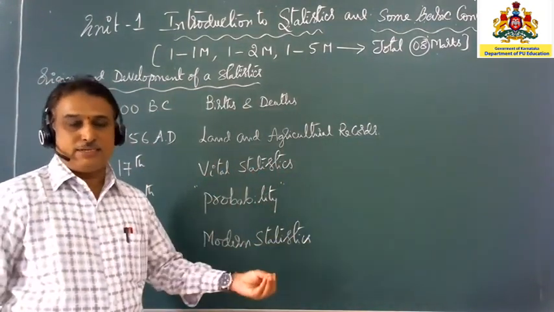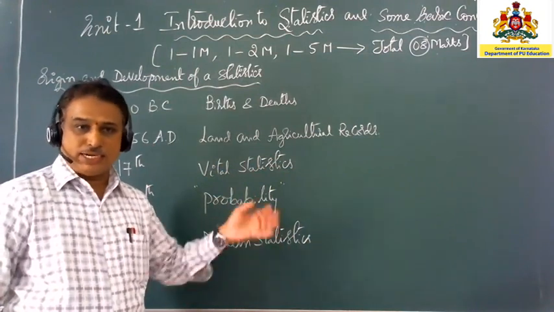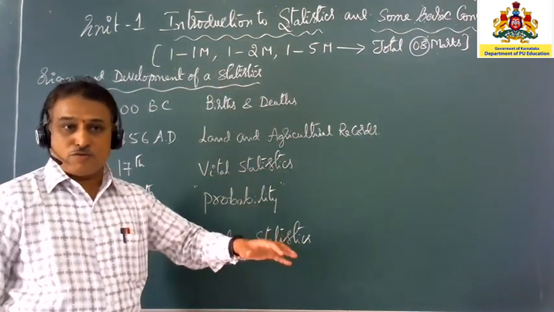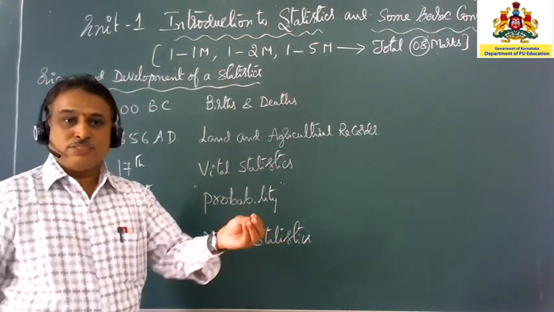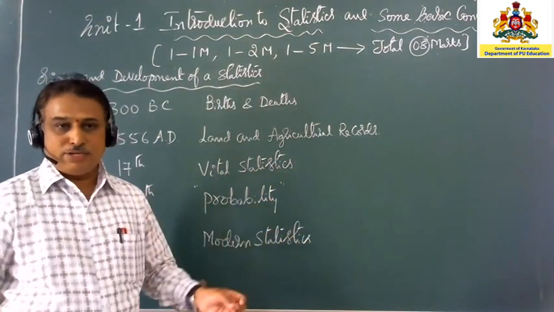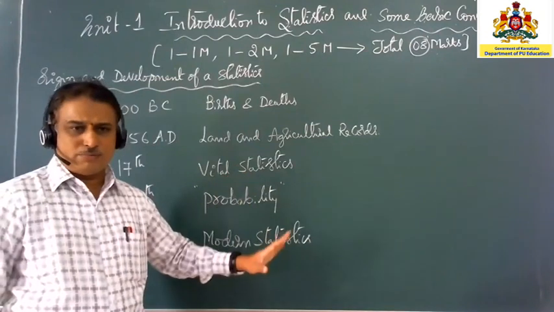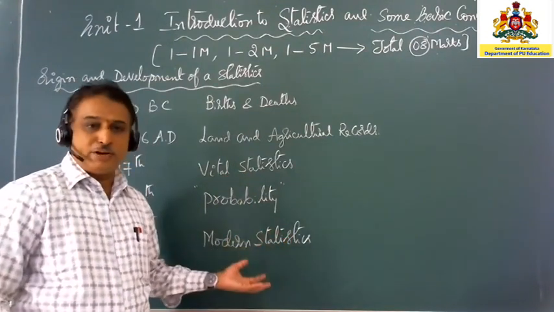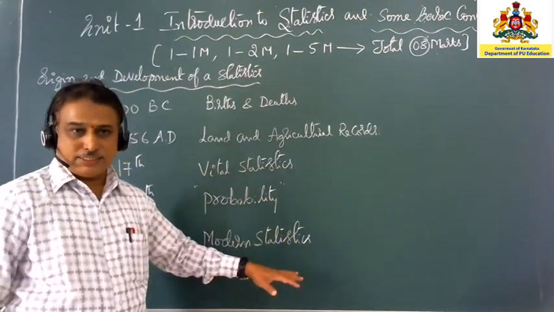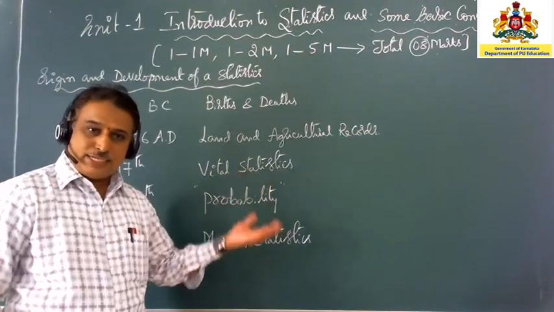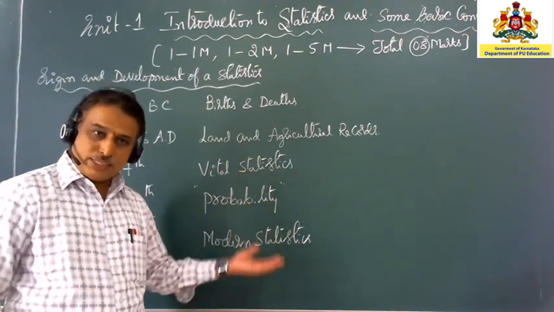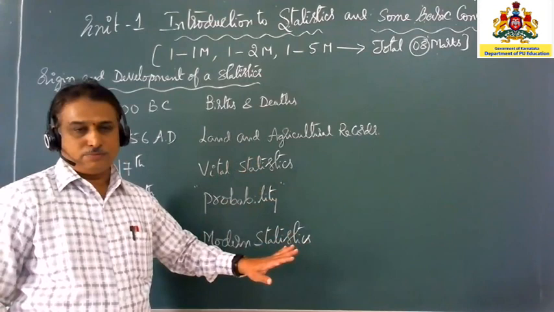In the agricultural field, they apply statistical techniques to estimate the yield of crops and everything. Agricultural statistics has developed. Engineering statistics, like almost all subjects, they introduce statistical techniques. Like statistics has developed, the other subjects have also developed.